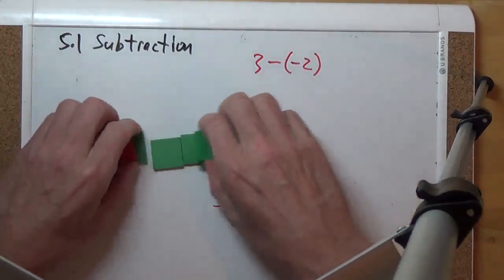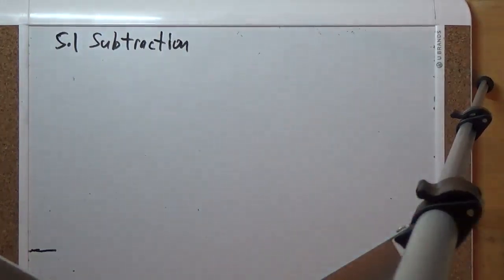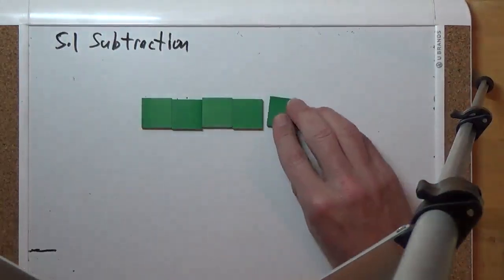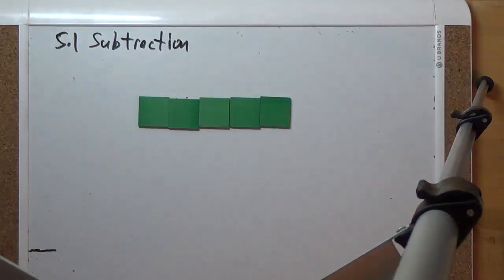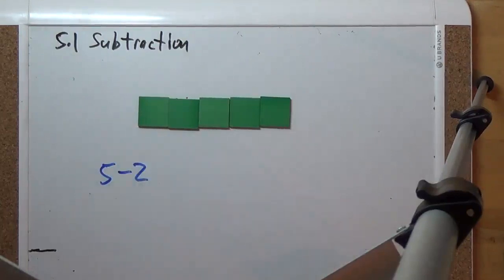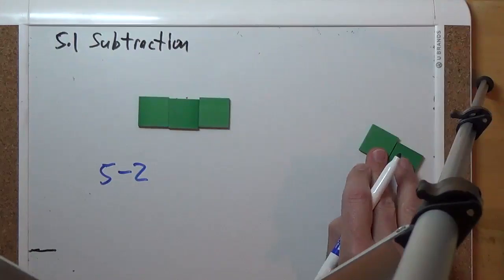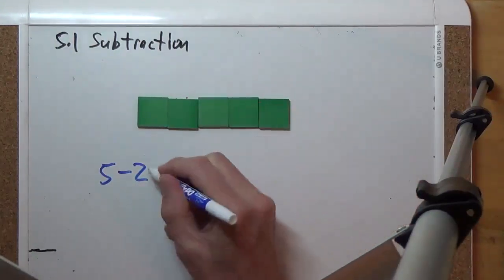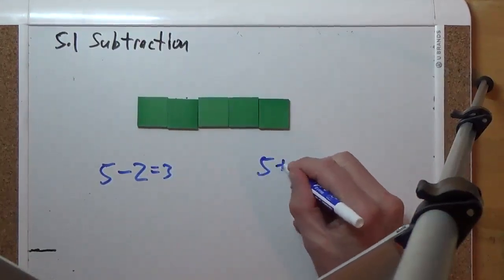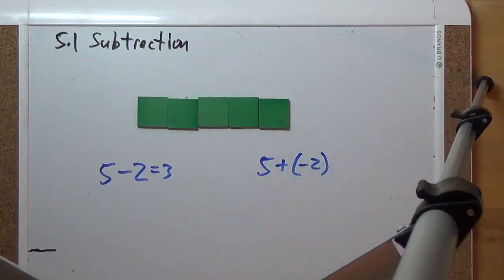Okay, one last thing here. Let's do 5, subtract 2. Take it away. Notice we got 3. Okay, let's go over here and go, let's add the opposite of 2. Let's add -2.